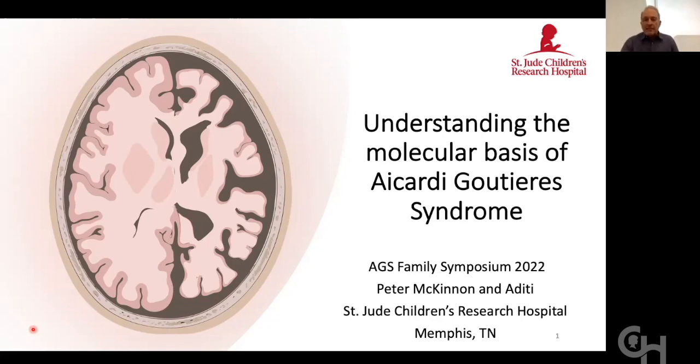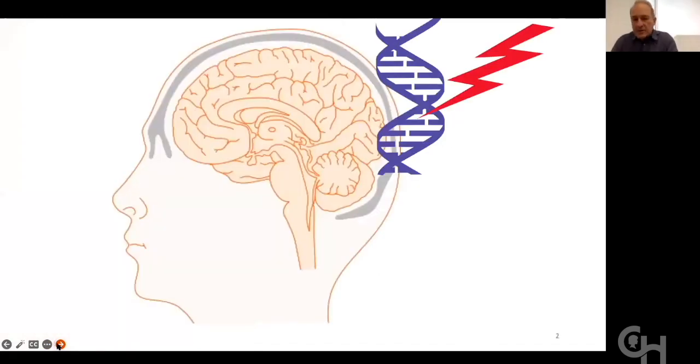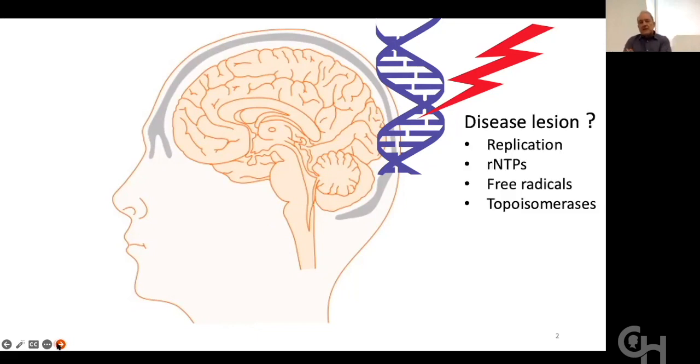Our lab is interested in understanding how DNA damage is important as a factor in many neurologic diseases. DNA damage happens very, very frequently to most cells in the brain on a daily basis, thousands of times a day. These different types of lesions occur because of different cellular processes.